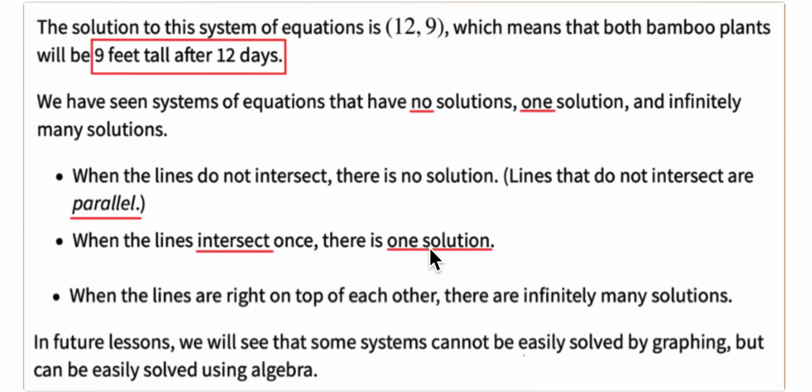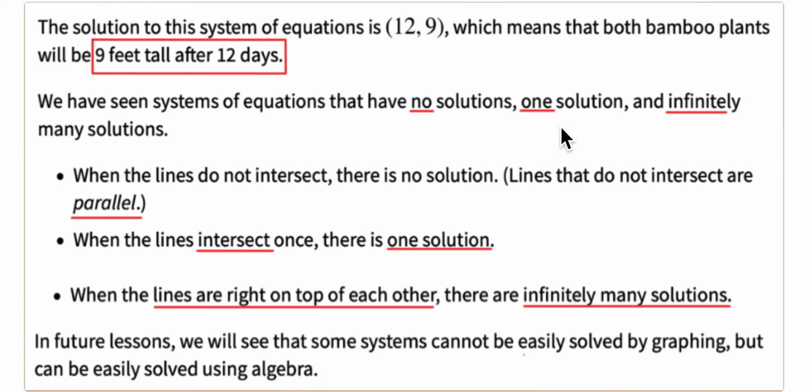That's where those two lines intersect. That's one solution. And finally, you're going to see situations where you have infinitely many solutions, and that's where the two equations and the two graphs of those equations end up right on top of each other. They are in essence the same equation, and so that has infinitely many solutions. So this is what we're going to look at in the next few lessons.